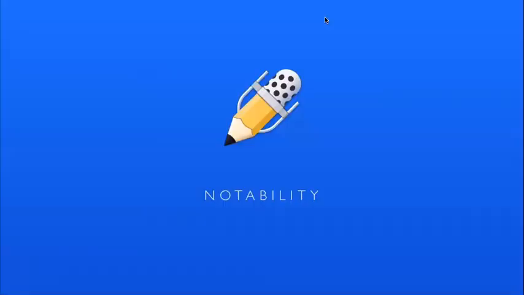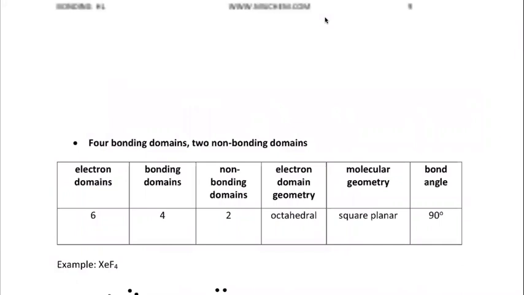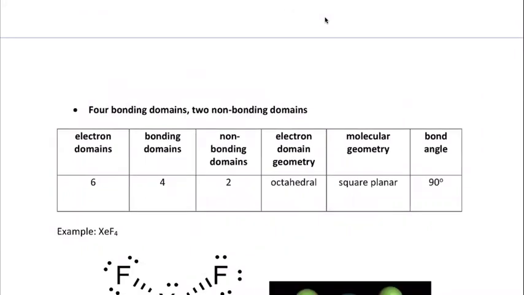The ones that have more than 4, let me go to this one. So here's one that's got 4 bonding domains, but it's got 2 non-bonding. So the ones with 4 can also be square planar.